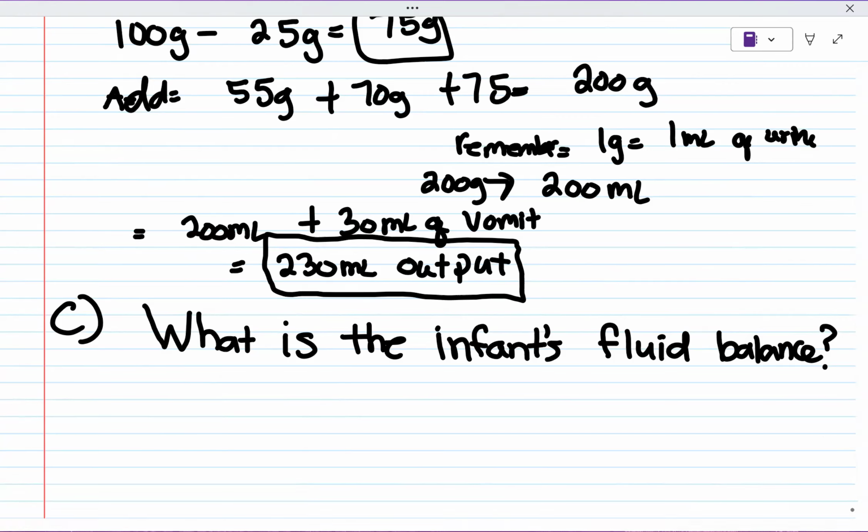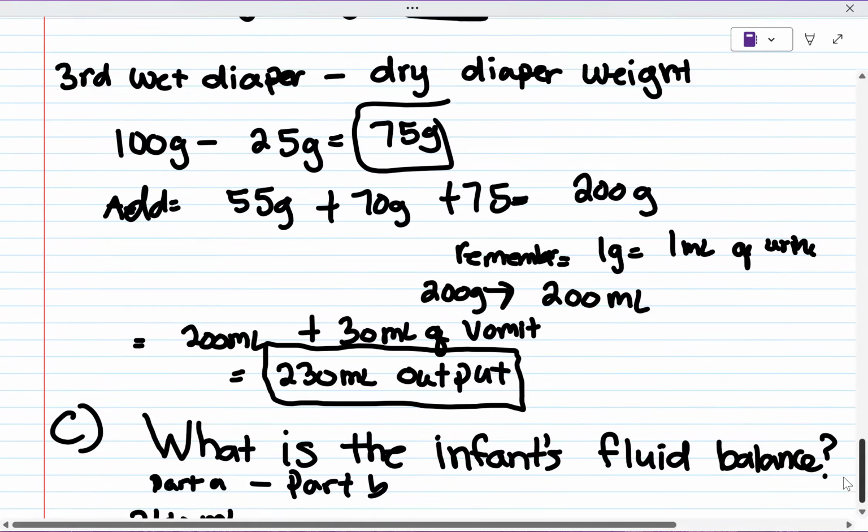So basically you take the answer from part A minus the answer from part B. Part A minus part B will give you the answer to C. So what was part A about?